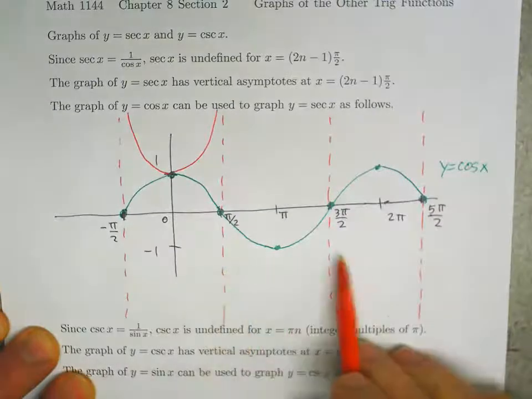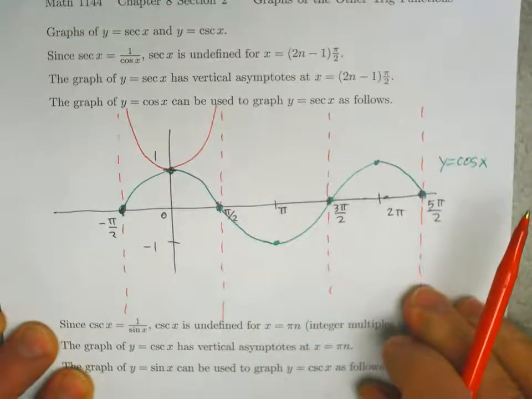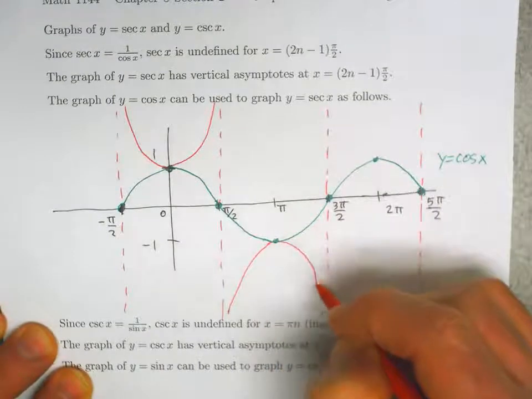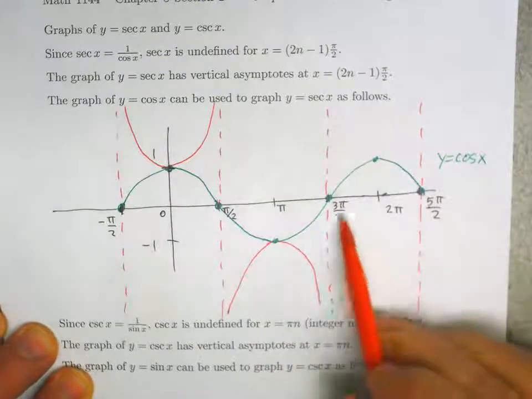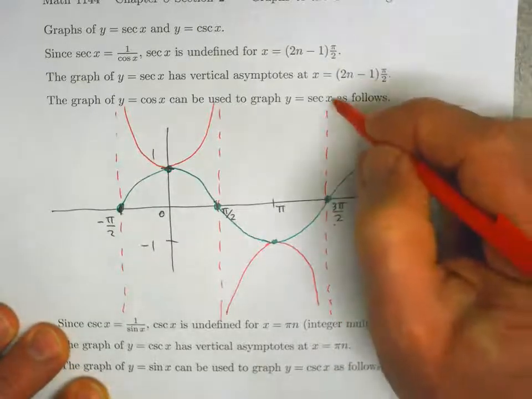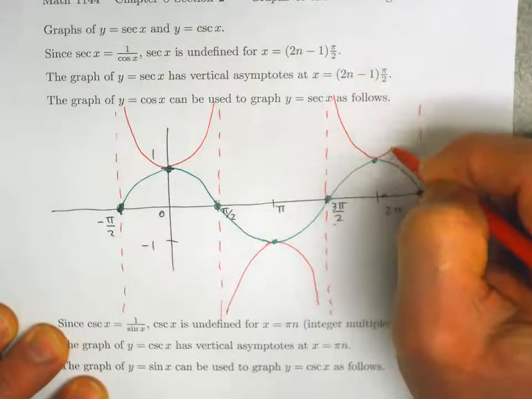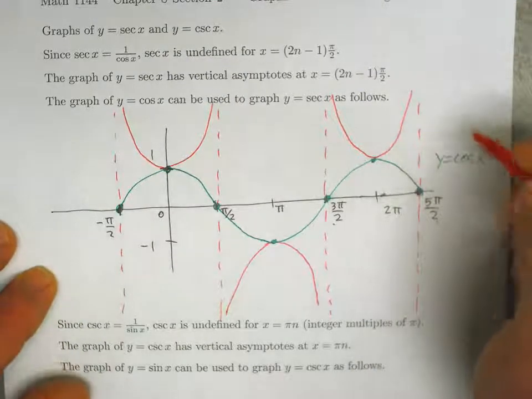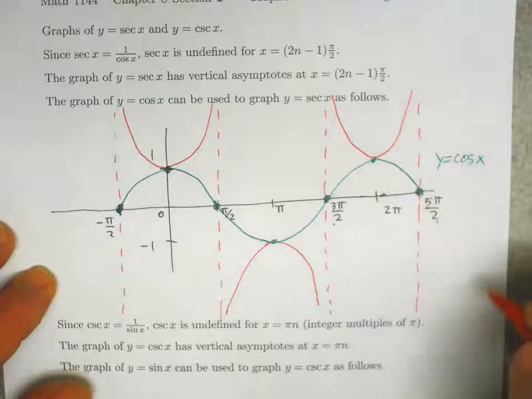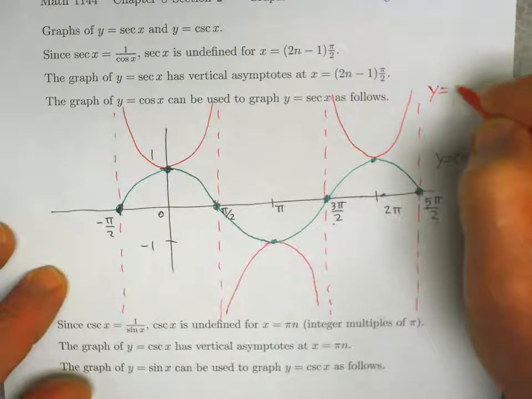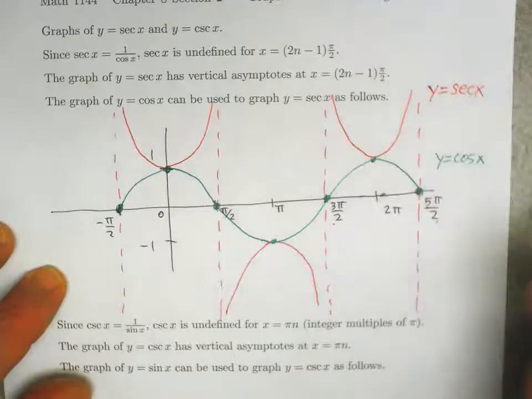Between pi over 2 and 3 pi over 2, the graph looks something like this. And between 3 pi over 2 and 5 pi over 2, the graph of y equals secant of x looks like that. So the red graph is y equals secant of x.